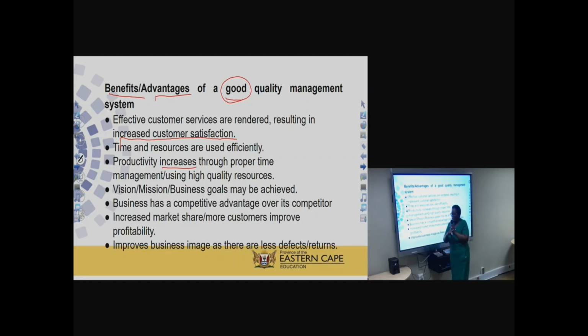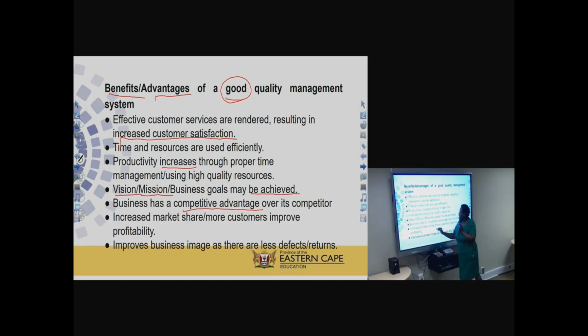Remember, with the general management function, you have your vision and mission in place, meaning that they are the ones who will be setting targets. When you are able to achieve those targets, it means you have good quality management systems. You will also earn a competitive advantage over your competitors, because customers will favor you over them.